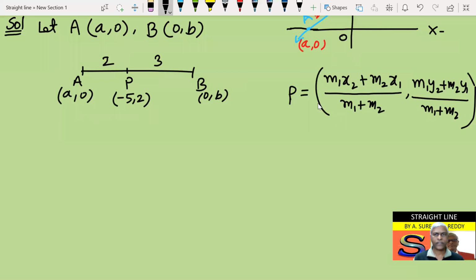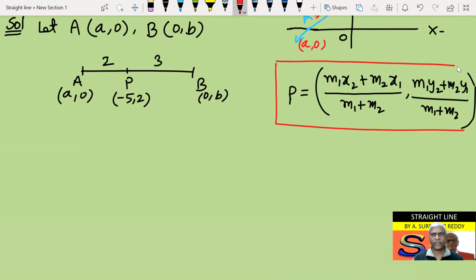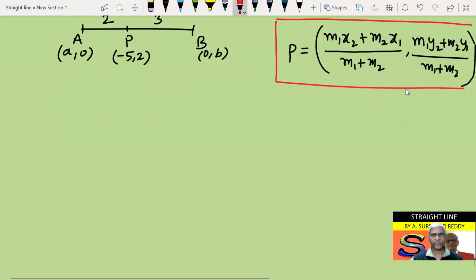We know this. This is the formula to find a point which divides the line segment AB in m1 is to m2 ratio internally.